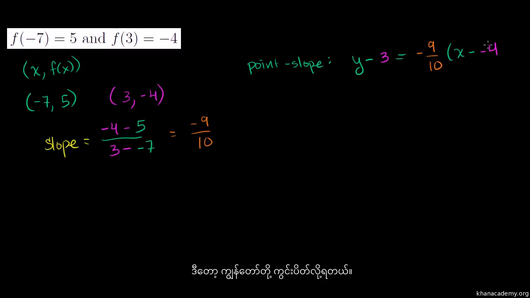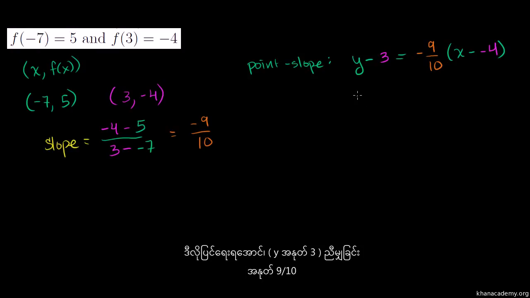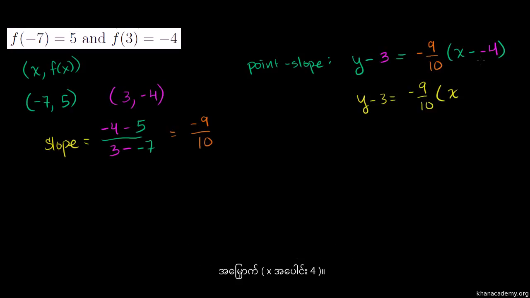And then we can close it. So this is in point slope form. We obviously can simplify this negative a little bit, and we could rewrite it as y minus 3 is equal to -9/10 times x plus 4. And we are done.